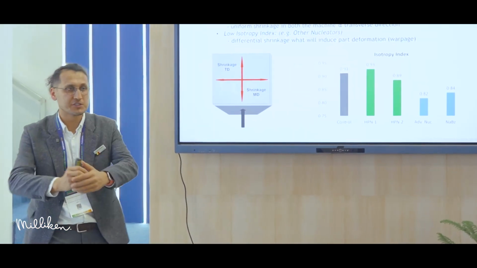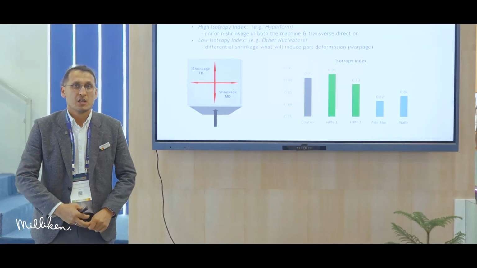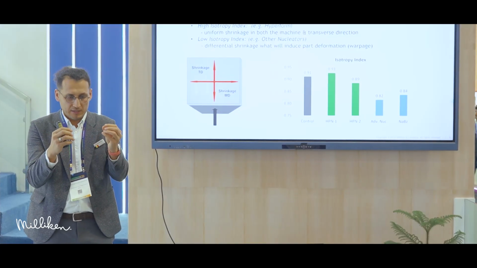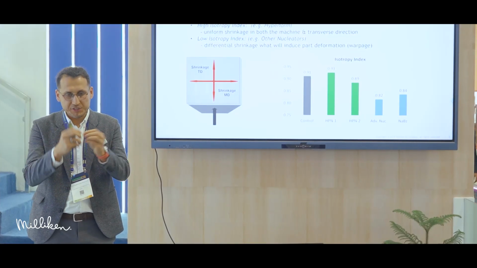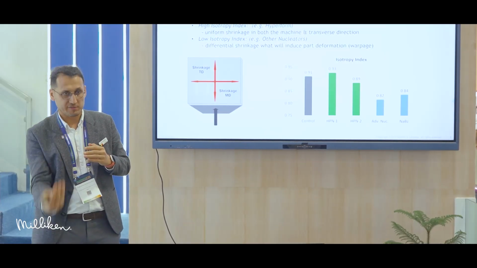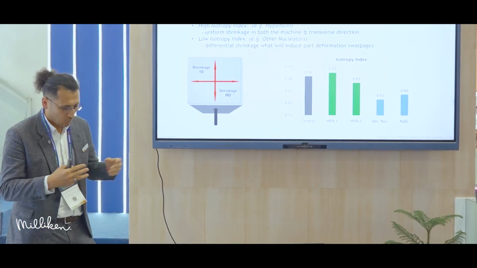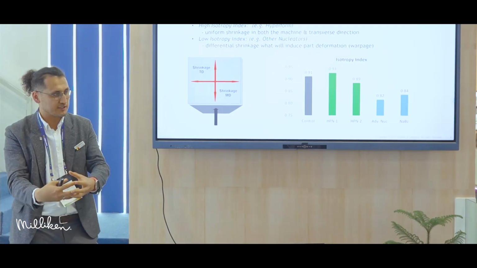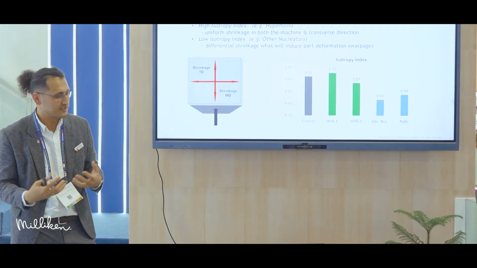This is to illustrate isotropic shrinkage. If you think about shrinkage of a PP resin or a part, it's three-dimensional: machine direction, cross-machine direction, and the normal direction. And normally the PP itself shrinks in all directions together when it gets heat.